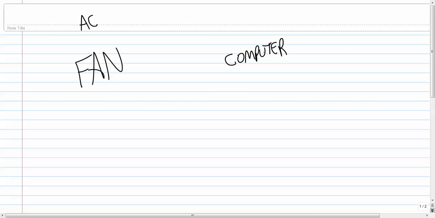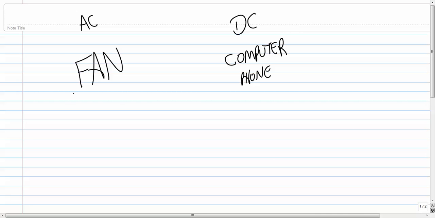So now I want to talk about my devices. Let's say I have a fan, just a regular old fan that I plug into an outlet. That fan needs AC. But now I want to talk about my computer, or maybe my cell phone, which is a computer. So let's just try to write phone here. These guys have delicate components that were designed to use DC.